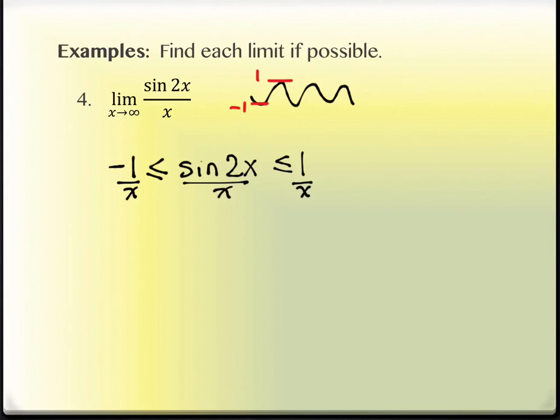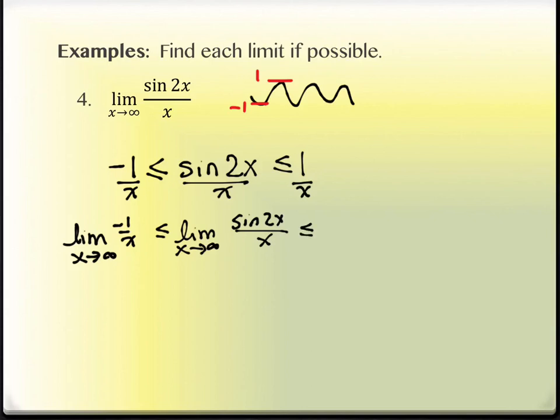But if it's true all the time, it's true for their limits as well. So the limit of -1 over x as x approaches infinity is less than or equal to the limit of sine of 2x over x, which is less than or equal to the limit of 1 over x as x approaches infinity. Why does it matter?